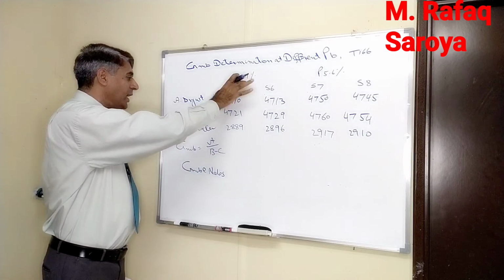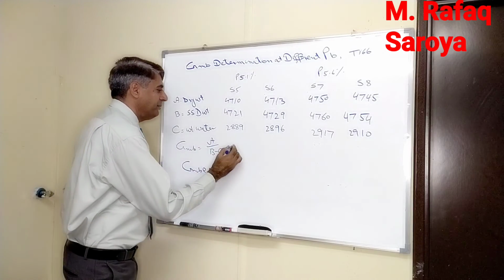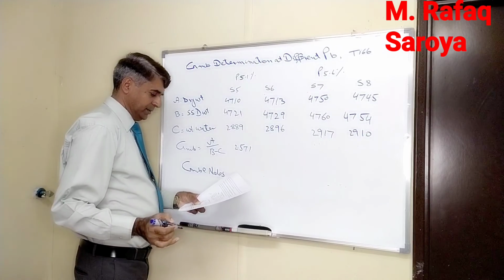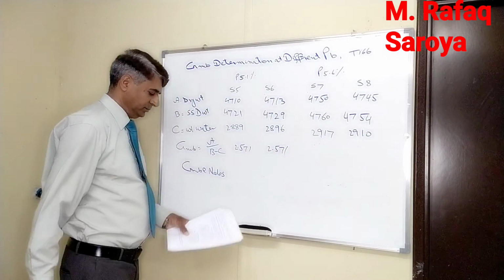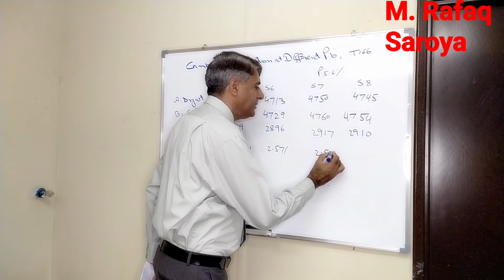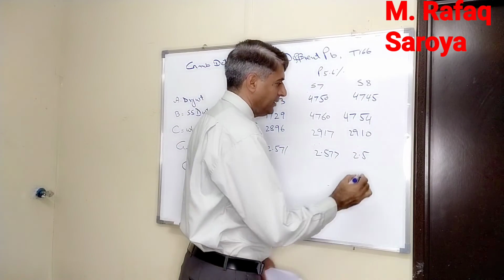When these values are put in this formula, we are going to get 2.571, 2.571, 2.577, 2.573.